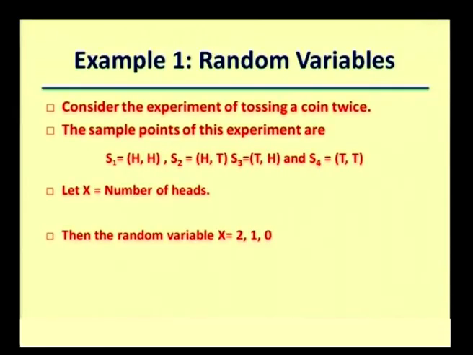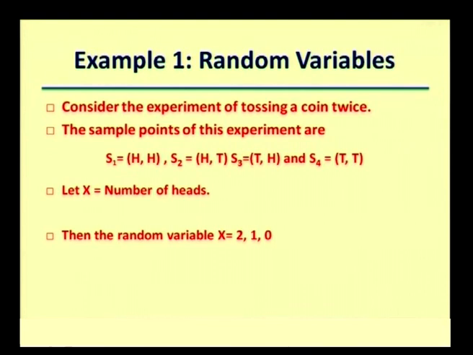Now, a formal example of random variables is, consider the experiment of tossing a coin twice, or 2 coins tossed at a time. The sample points of this experiment are head on both the coins, head on one coin and tail on another coin, similarly tail on the first coin and head on another coin, and tail on both the coins. These are the 4 sample points.